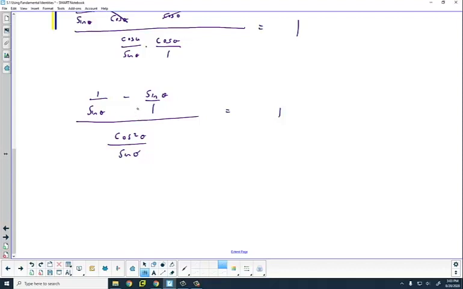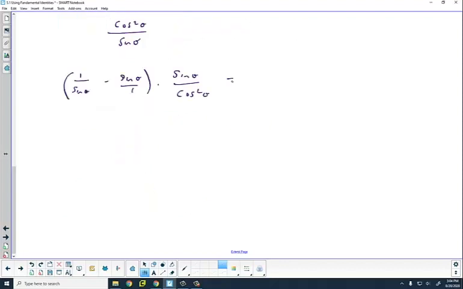Another thing we can do is the keep, switch, flip. We can keep the numerator and switch and multiply the denominator and see what happens. And that's what I'm going to do. I'm going to keep the numerator, 1 over sine minus sine over 1, times, now let's flip the denominator, sine over cosine squared. Okay, and this is supposed to equal 1.